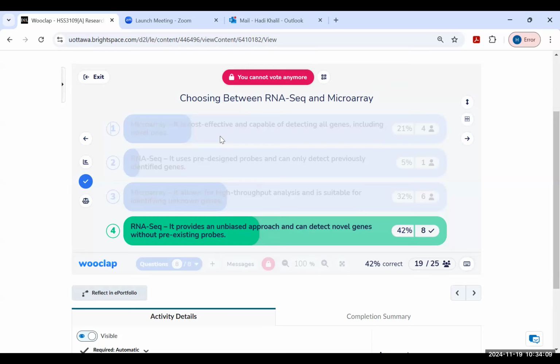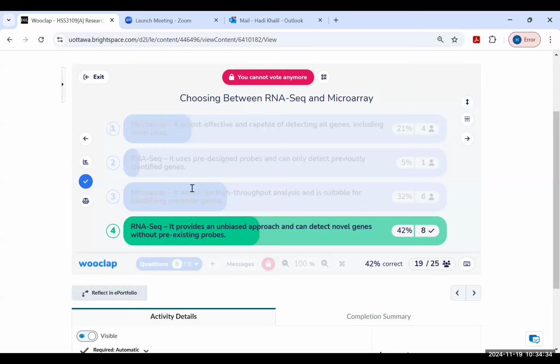We need already to have a probe hybridized on that microarray, so novel genes are not detected there. RNA-seq uses pre-designed probes and can only detect previously identified genes. That is what microarray can do. So these are just flip-flopped between microarray and RNA-seq.